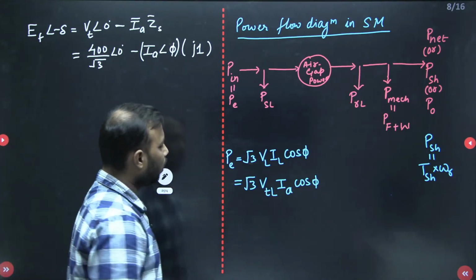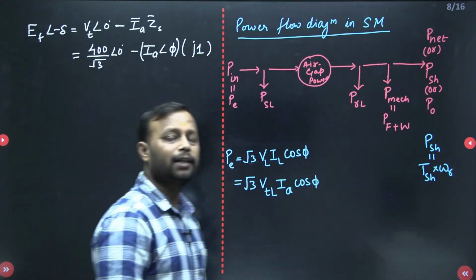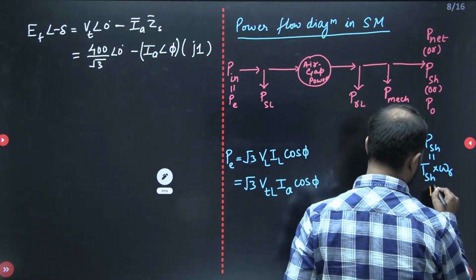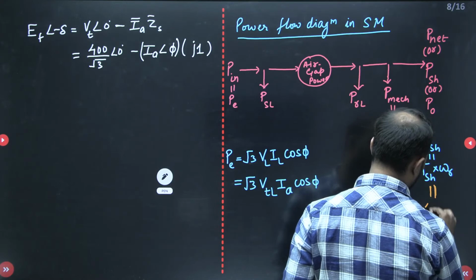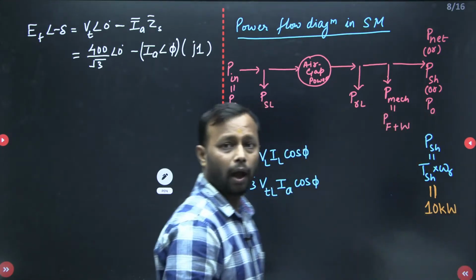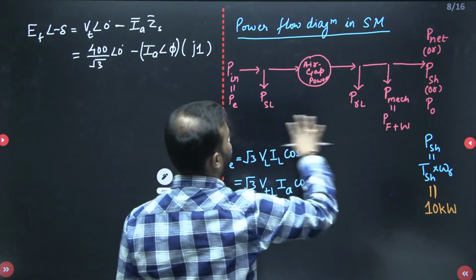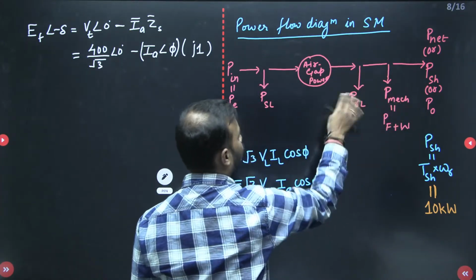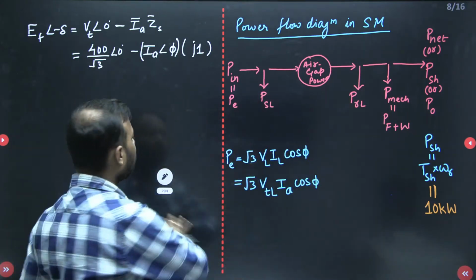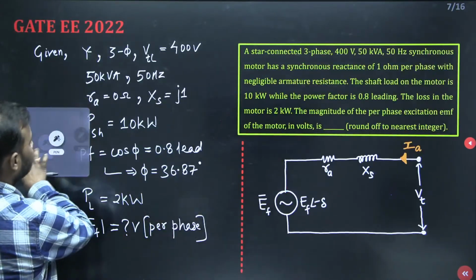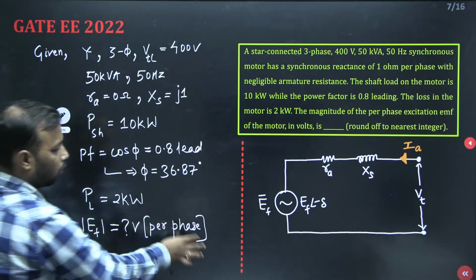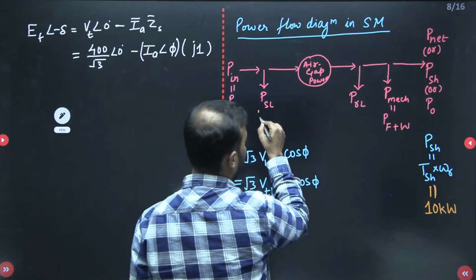Now see carefully, this electrical power is indirectly given in the question. The shaft power is given as 10 kilowatt. And all the losses, mechanical loss, rotor loss, and stator loss, are given as 2 kilowatt in total.